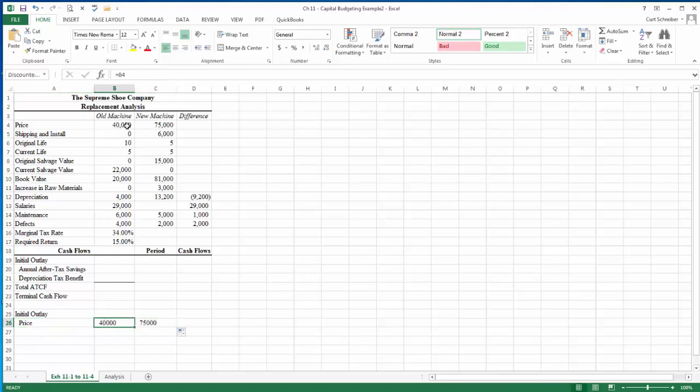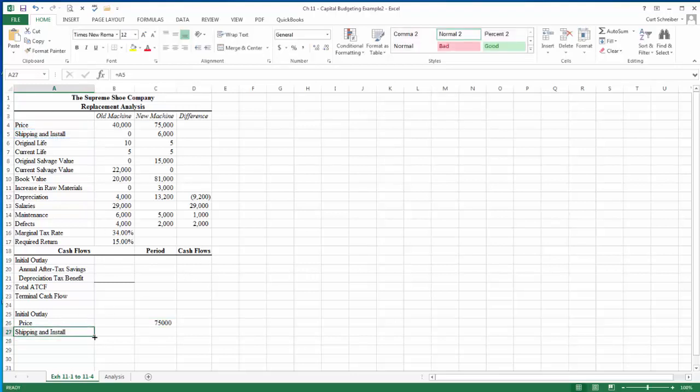We know that the price of the old machine is not relevant, but the price of the new machine is what we want to factor in. So let's just leave it there. Let's take that back to a right justification. In addition to that, the shipping and installation.